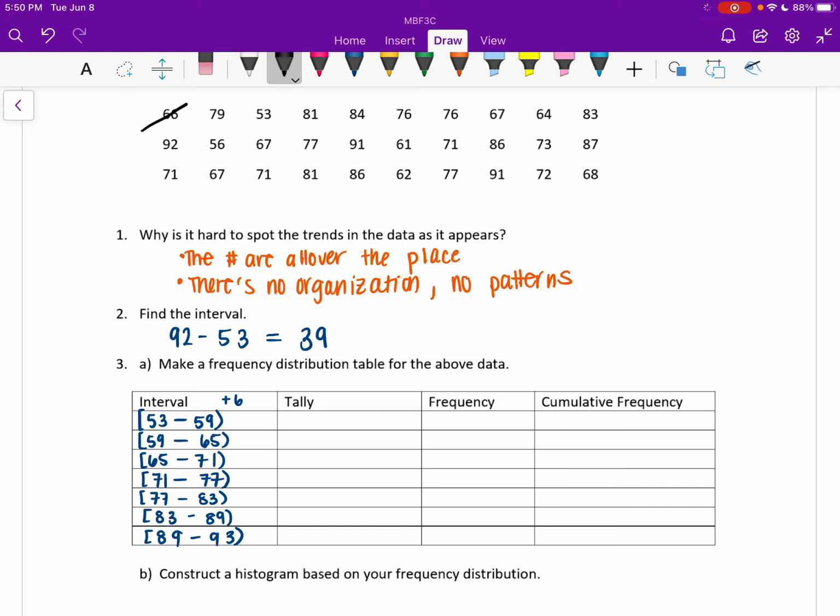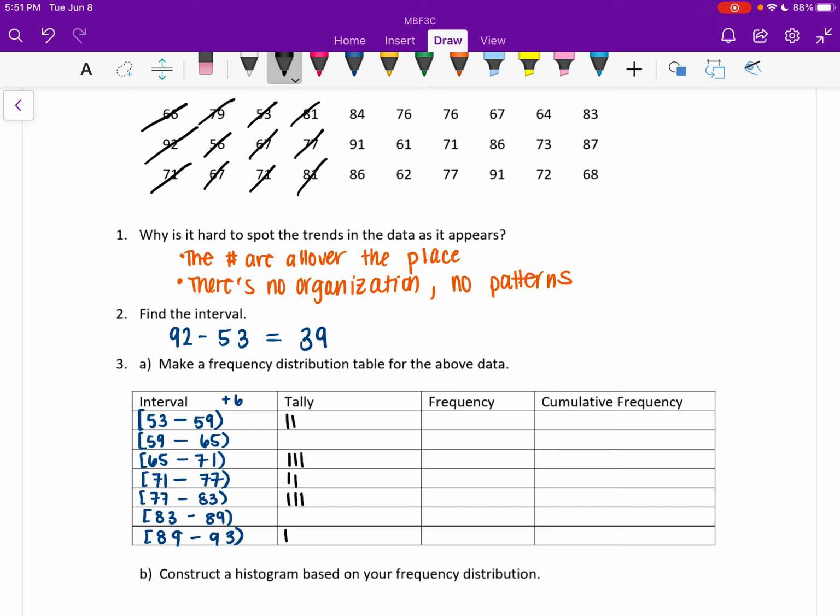So at 66, it's going to go under this one. 92 is going to go under this chart. 71 is going to go here. 79 is going to go here. 56 is going to go here. 67 falls under here. 53, right? 67 again falls under here. 71 again falls under here. 81 falls under here. And I'm just going through this and putting in the numbers and where they go.